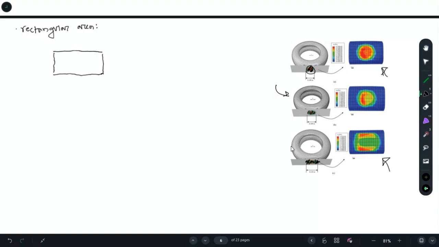That is, the width will be 0.6 L, and this length will be 0.8712 L. For that, you will get an equation for area, and we know the area, that is 0.6 L multiplied by 0.8712 L is equal to 56.25.